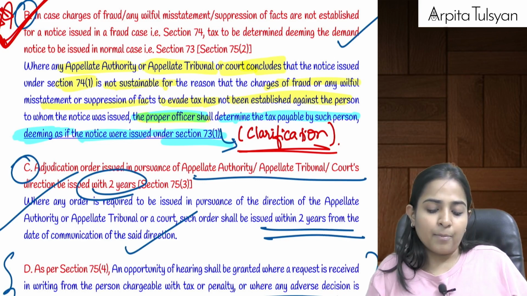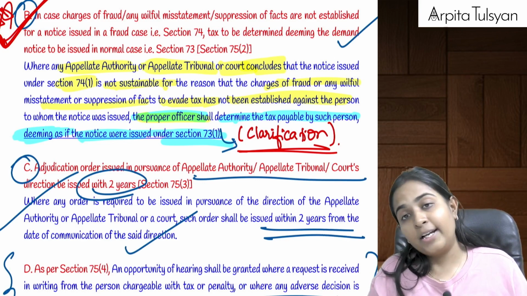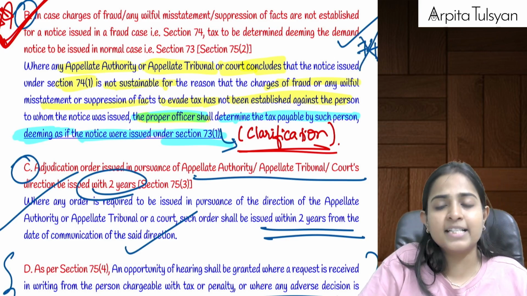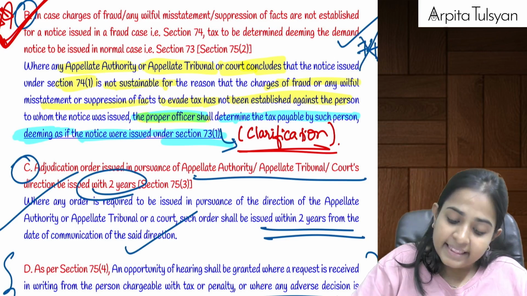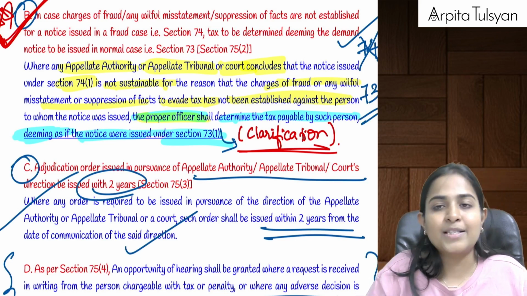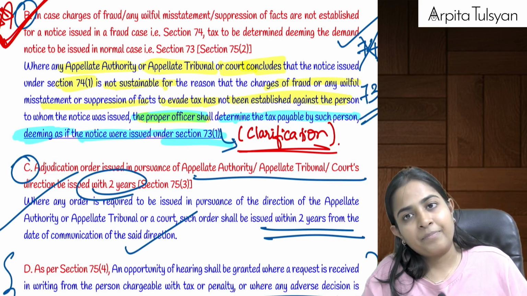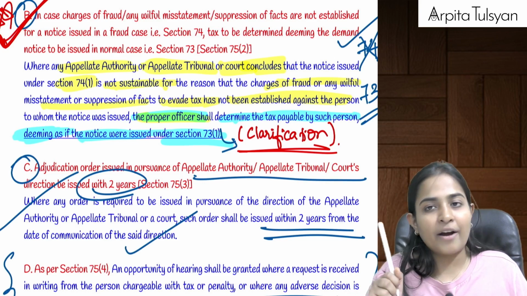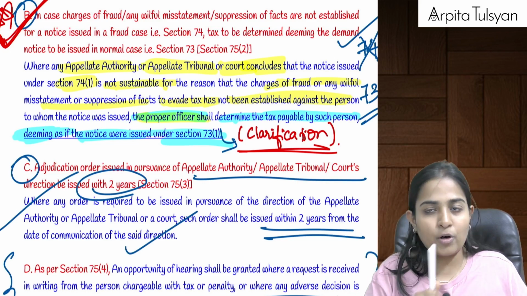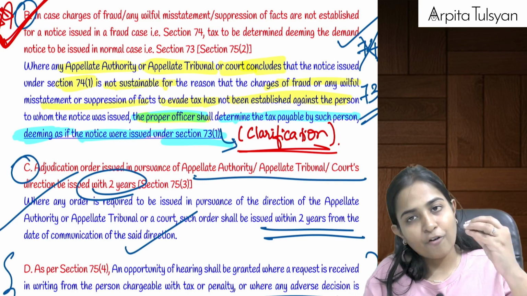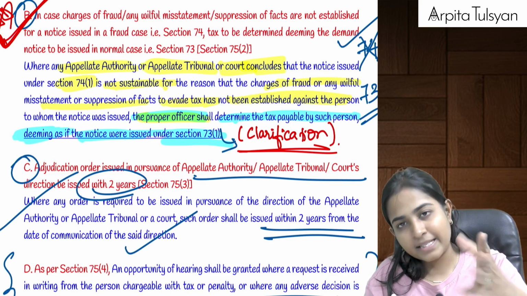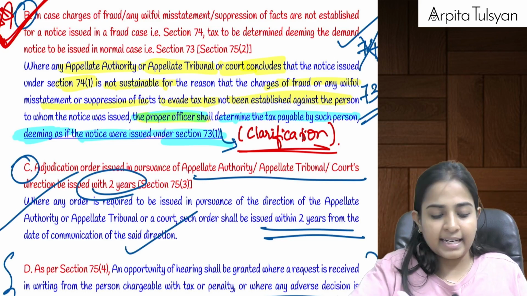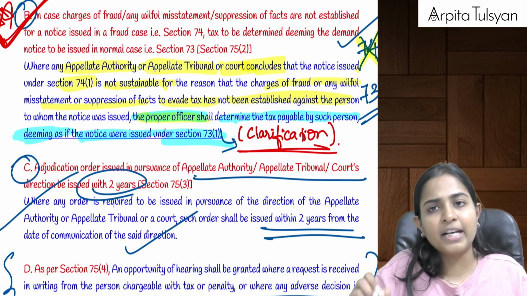If we come to know that it was not a case of fraud, then too the department says that, okay, even if you are telling that it is not a case of section number 74, then too we will assume that it is a case of section number 73. Means first the department told that you have done it purposely because of fraud, etc. Then we went for appeal, we fought case, or there was some decision that was given by the appeal authorities, because of which appeal authorities said that no, this is not a case of section 74.